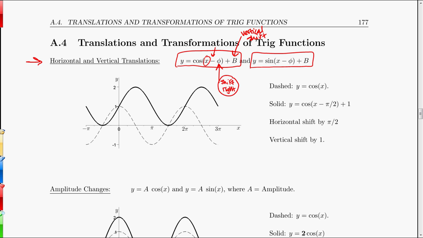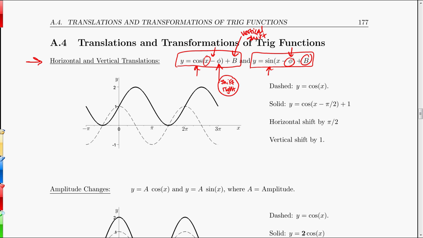Specifically, if that's positive, it bumps the curve up; if it's negative, it bumps the curve down. It doesn't matter whether I'm talking about cosine or sine. Subtracting a value from the independent variable such as x moves the curve to the right that many units, and adding something to the entire function moves it up or down depending on the sign.